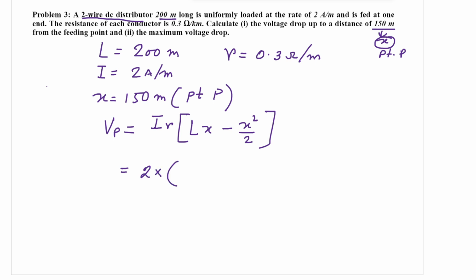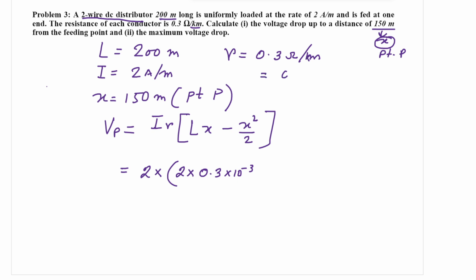Now what is R? R is equal to 2 into 0.3. For the consideration of both conductors, you must multiply it with 2. So 0.3 into 10 to the power minus 3. Why? Because it is ohm per kilometer, not meter. Sorry, it is ohm per kilometer.